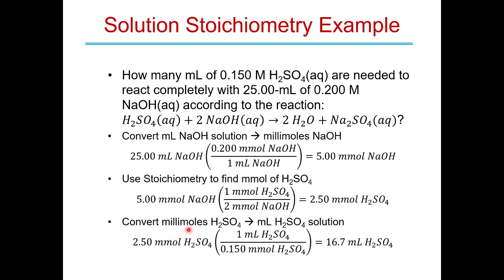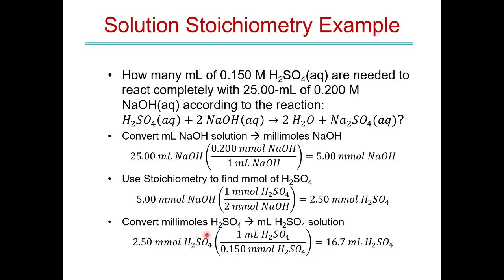So our last step is going to be to convert these millimoles into milliliters. And you remember we can go between moles and liters with molarity. So millimoles and milliliters with molarity. So 2.50 millimoles, and what's the molarity of our sulfuric acid? 0.150. So in every 1 milliliter of sulfuric acid solution, we have 0.150 millimoles.